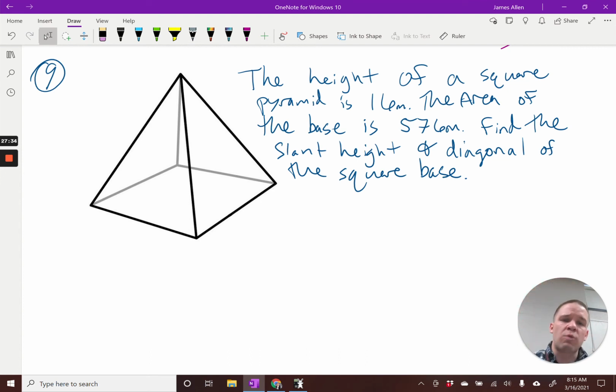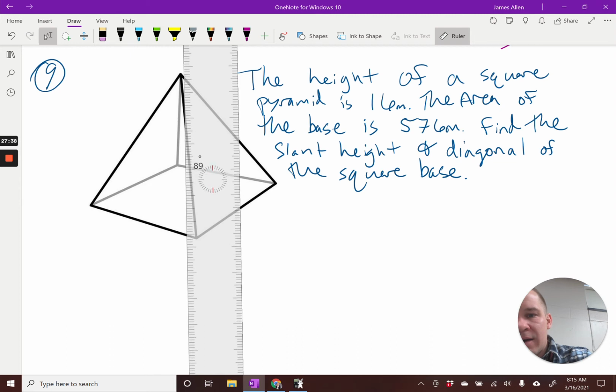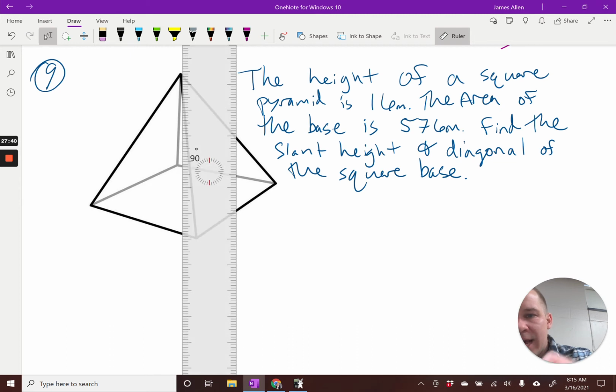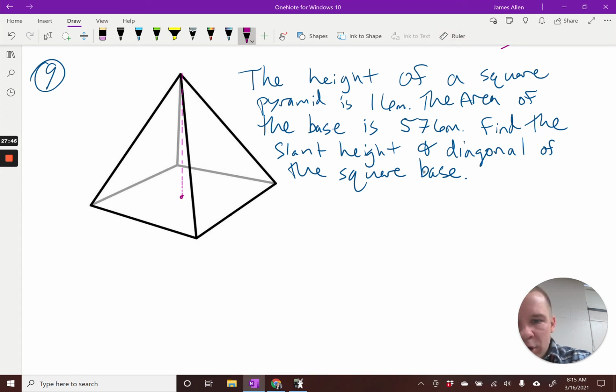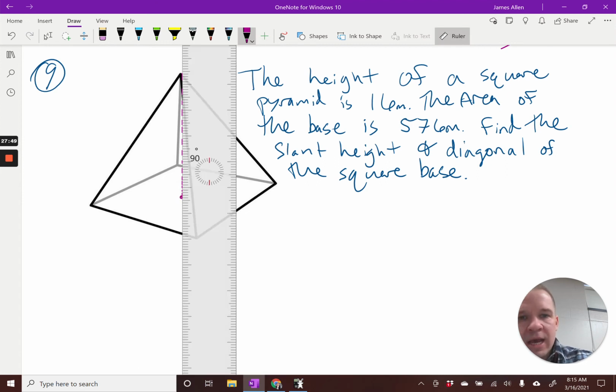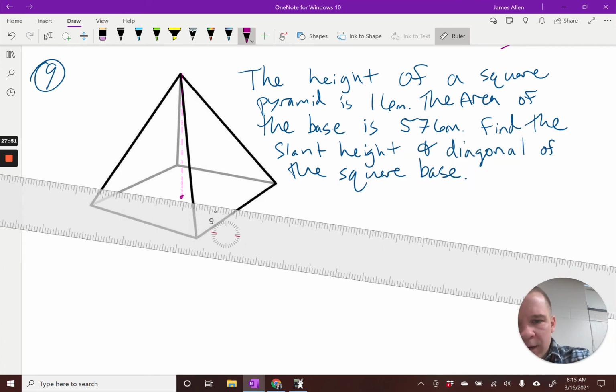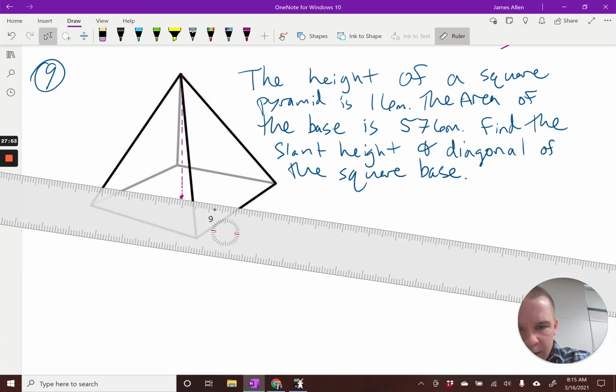So height of a square pyramid is 16. Okay, so if I pop the height in here, I'm going to go like that, and I'm going to go down to the center there. So that will be, boom, right there. Okay, and then I'm going to also draw into the midpoint of that side roughly. Boom.